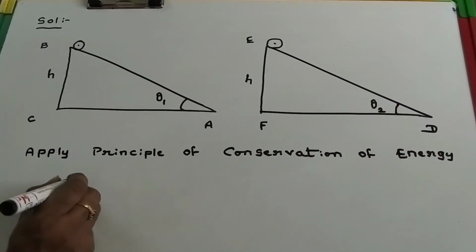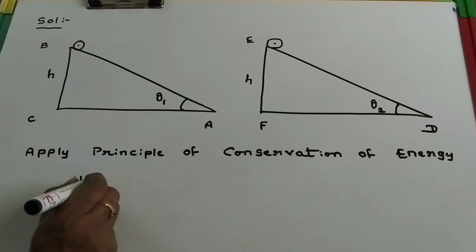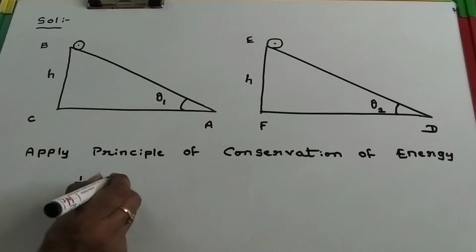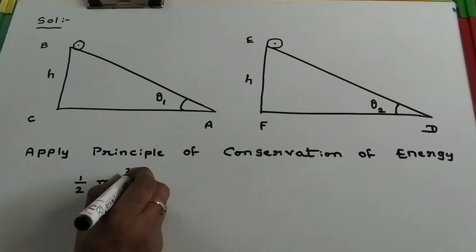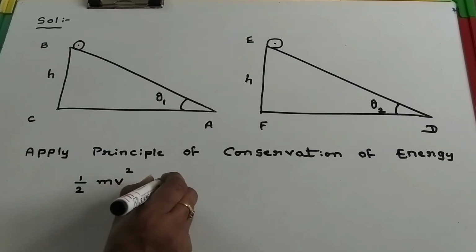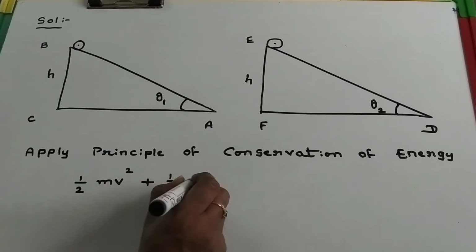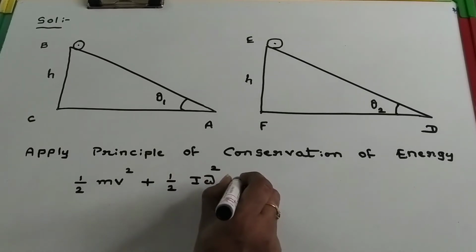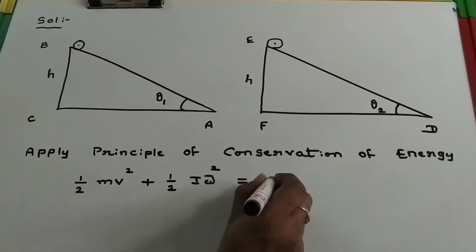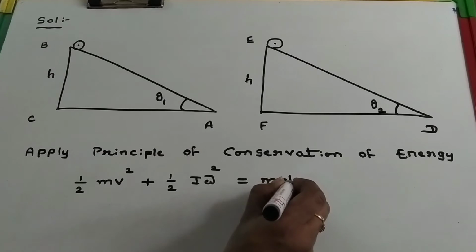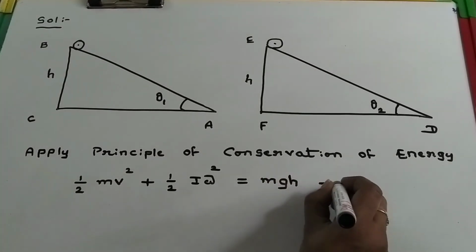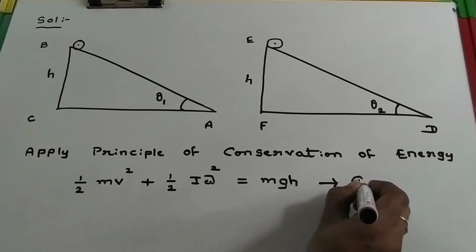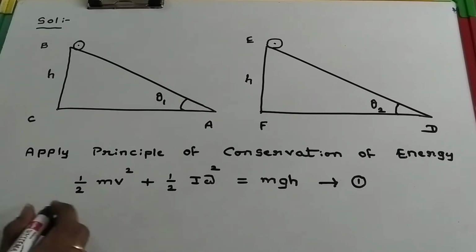Therefore, 1/2 mv² + 1/2 I ω² = mgh. Consider this equation number 1.